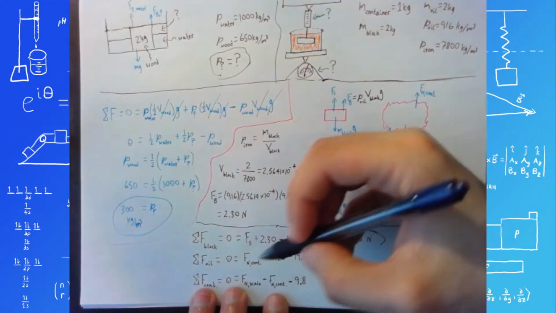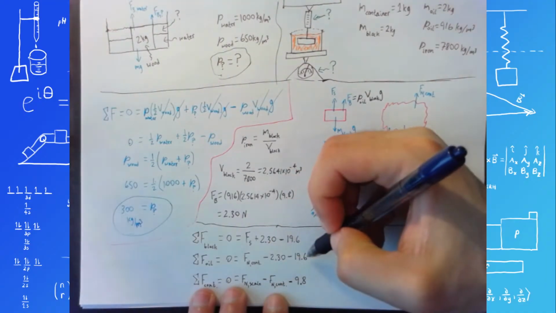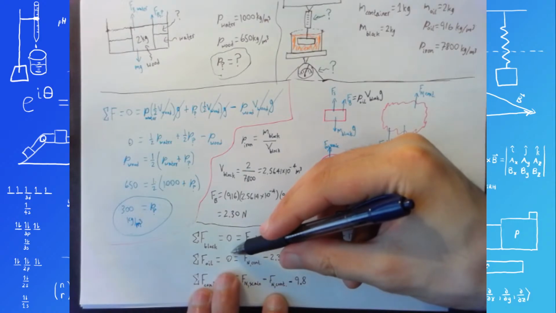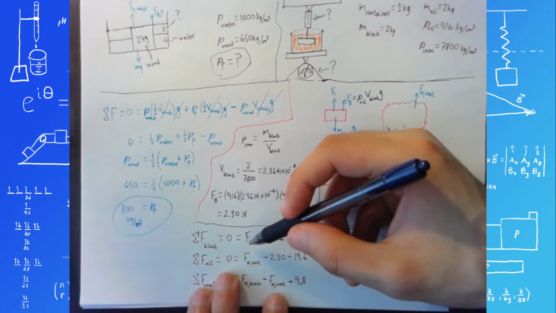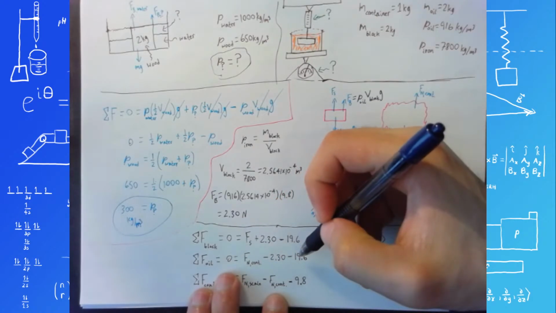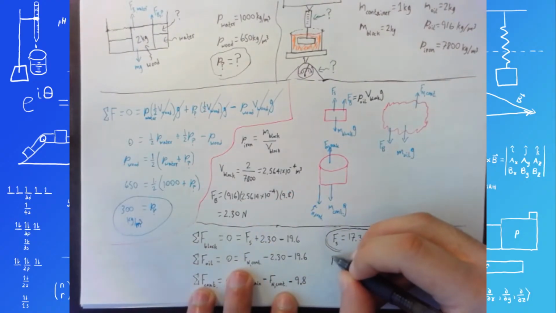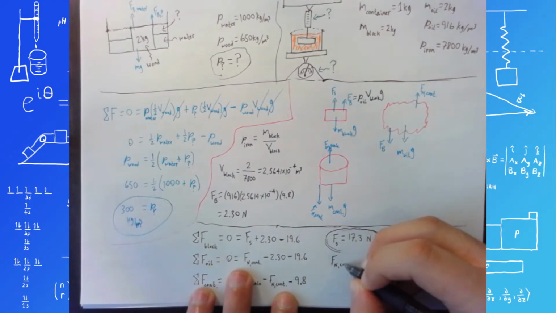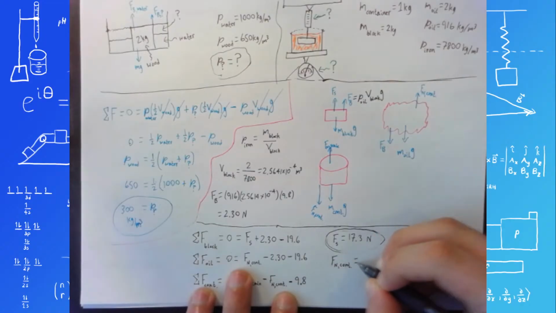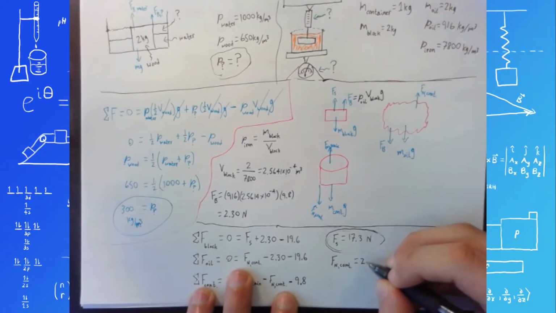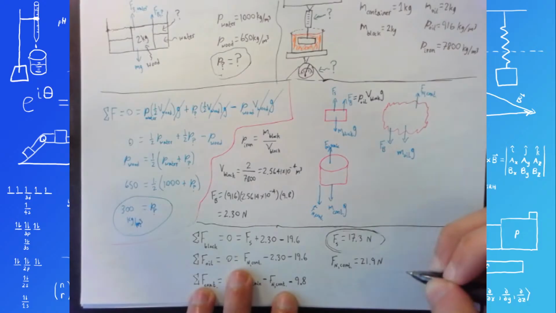For the bottom reading, I would add 2.3 and 19.6 to both sides, and that gives me 21.9. So the normal force between the container and the oil is 21.9 newtons.